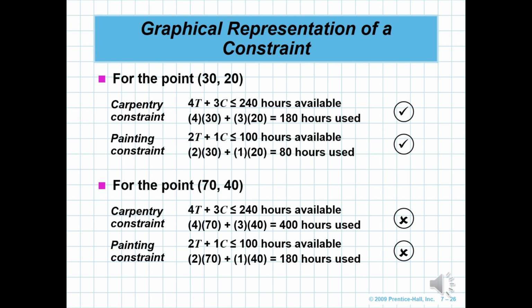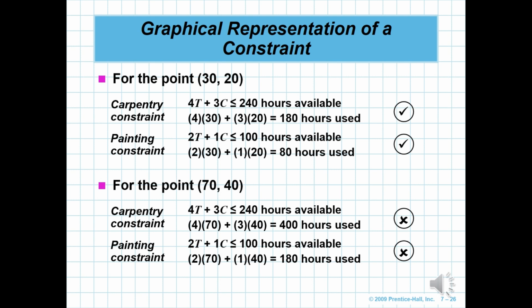But for this point, 400 and 180, this is called an infeasible solution because it exceeds 240 for carpentry hours and also 100 for painting hours. So this solution cannot be accepted.